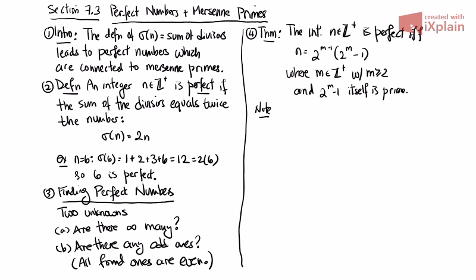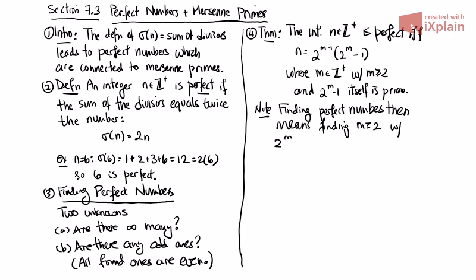So finding perfect numbers then means finding m greater than or equal to 2 with 2 to the m minus 1 prime. So what you could do, in theory, is just start checking m's.